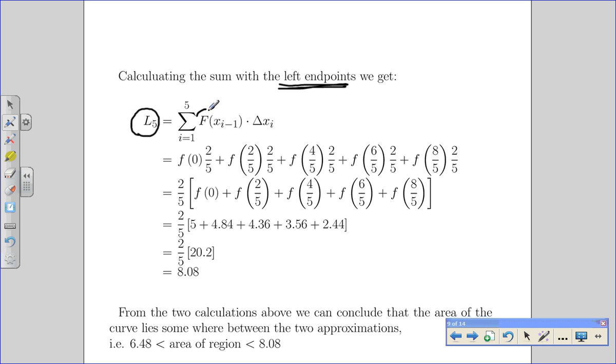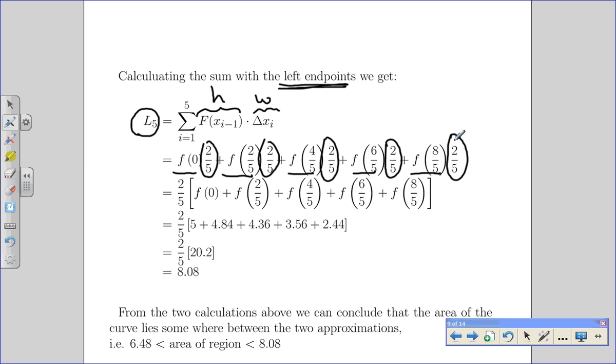But this is still the same story. This is height times width. And you don't have to worry about the symbols in the equation. You just have to know that the height is the function value, and the width is always, for these, 2/5, because that's my delta x.